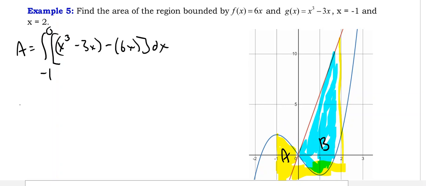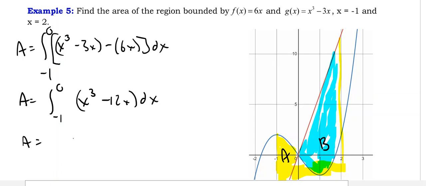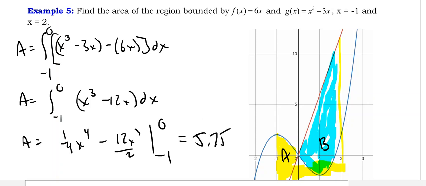And so we can simplify that a little bit. We have the integral from -1 to 0 of x cubed minus 12x dx. And then finding the antiderivative, we're going to have 1/4 x to the 4th minus 12x squared over 2, evaluated from -1 to 0. And then putting that into Desmos, you're going to end up with 5.75.